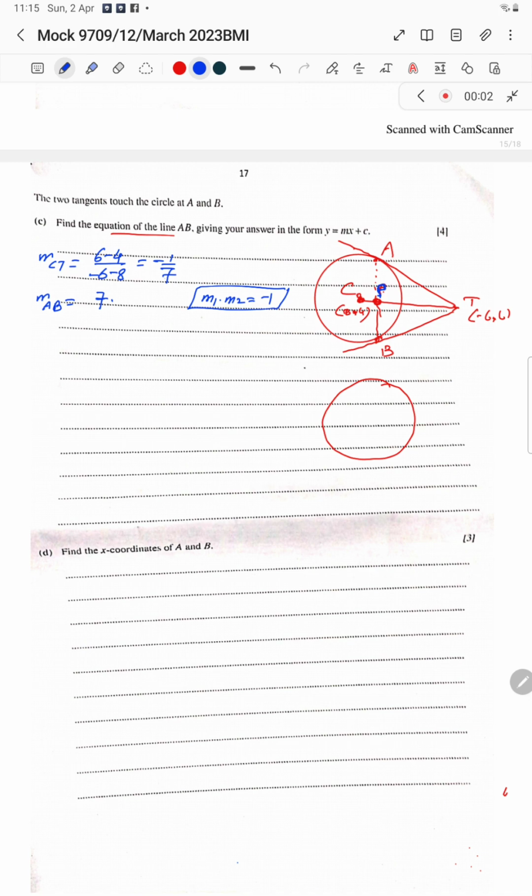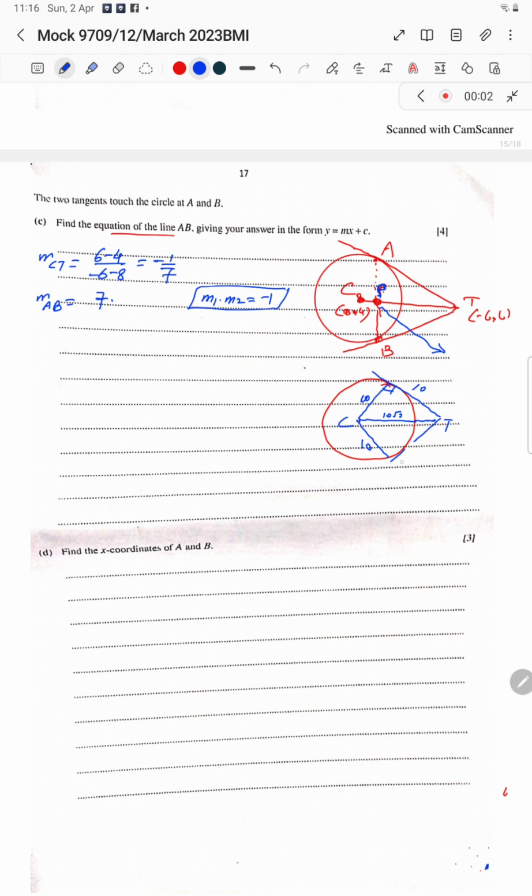So now if we can find this point P, here you can see this was 10, this was 10 as well, and this was 10 root 2 with the T. If you join this one and this one, we can find this by applying the Pythagoras theorem.